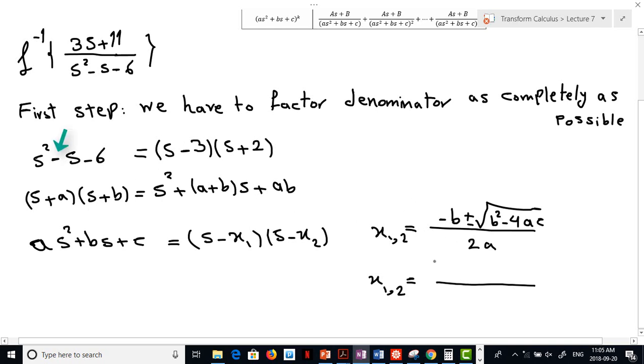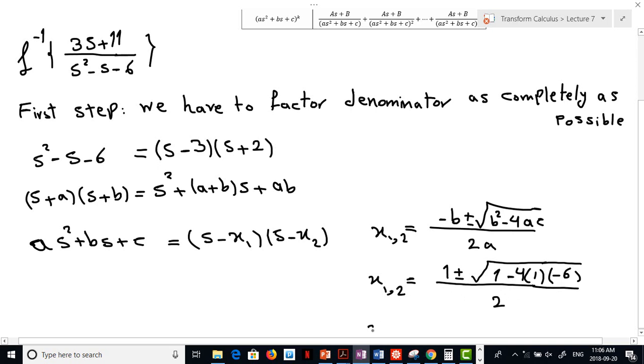So minus times minus 1 is plus 1, plus minus root b squared, which is 1, minus 4 times a, which here is 1, times c, which in our example is minus 6, divided by 2.